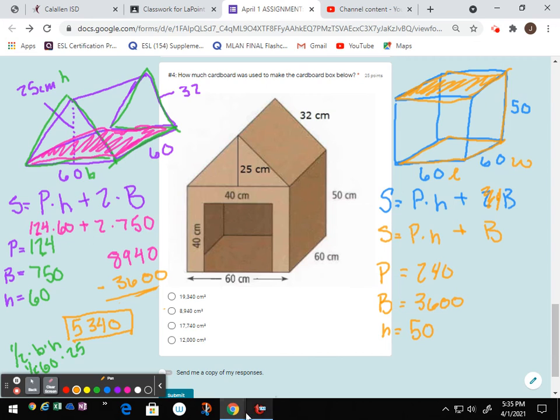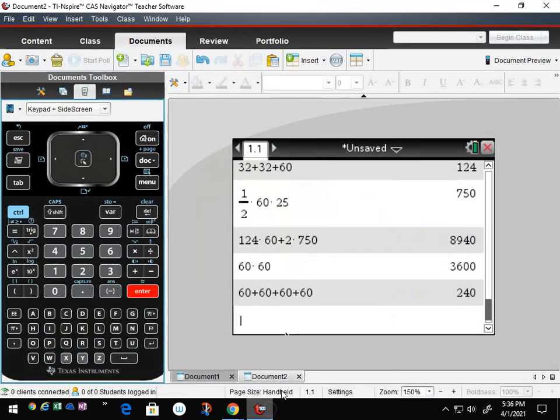Now that we have all of our letters, let's go ahead and plug them in. So we have 240 for the perimeter times our height of 50 plus our big B, which is 3,600. 240 times 50, our height, plus the area of the base, which is 3,600.